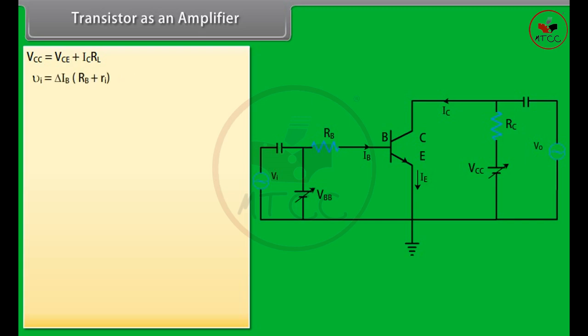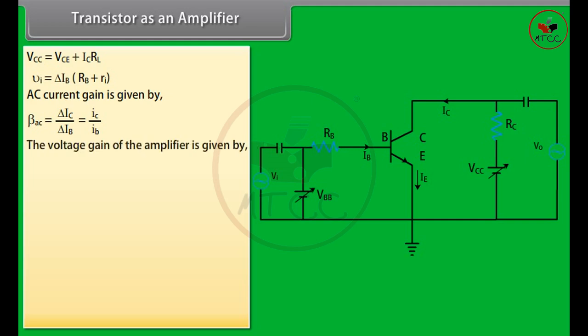Vi is equal to delta IB multiplied by RB plus Ri. AC current gain is given by beta AC is equal to delta IC upon delta IB. The voltage gain of the amplifier is given by AV is equal to delta VCE upon Ri delta IB, or it can be written as AV is equal to minus beta AC RL upon Ri.